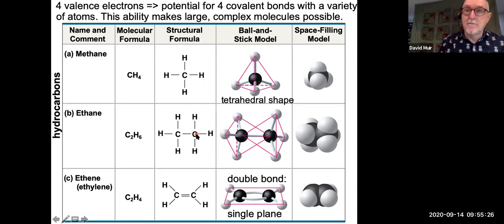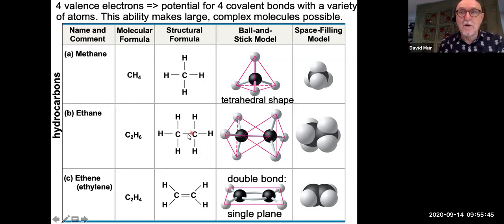And that is this molecule here. It's called ethane, also a flammable gas. And here it's CC, our first instance of starting to form a carbon skeleton, and all the other available bonds have hydrogens associated with them.